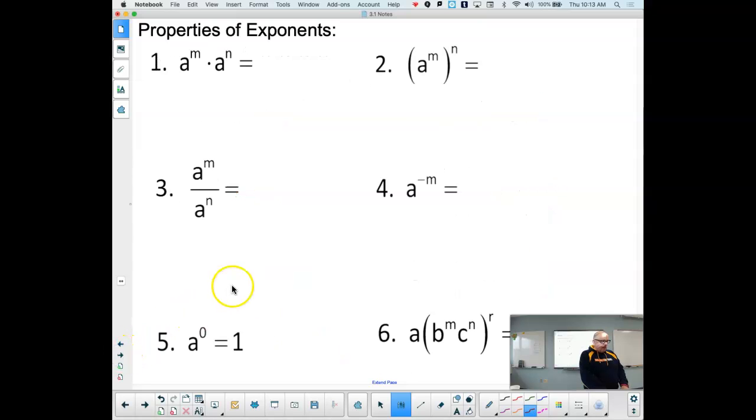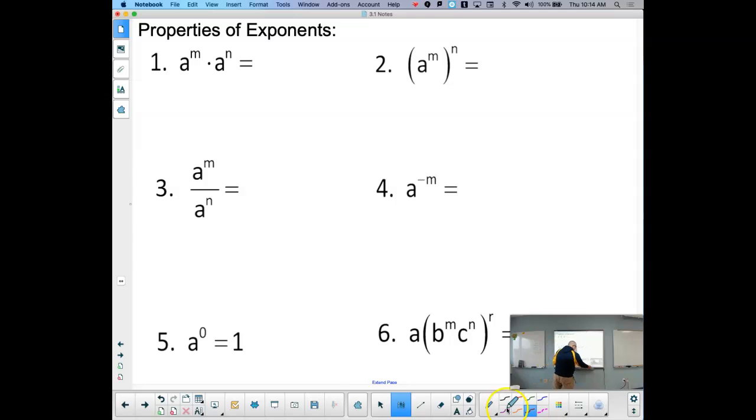Now, let's talk about what those properties of exponents actually are. The first property is the product property. If you want the actual names of all of these properties, they are located in your textbook if you search properties of exponents.